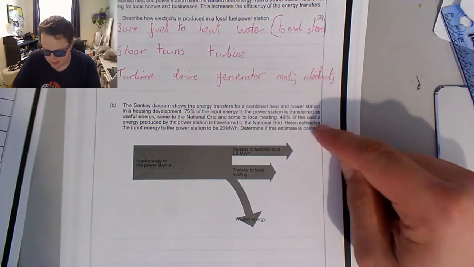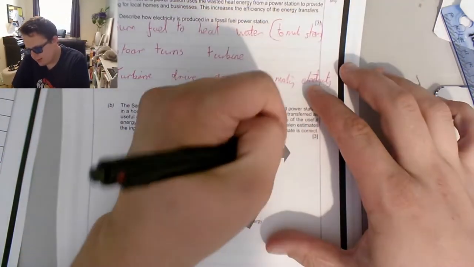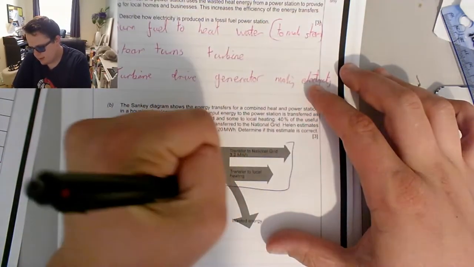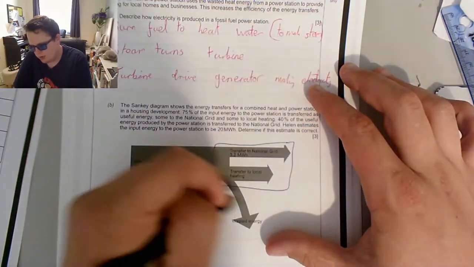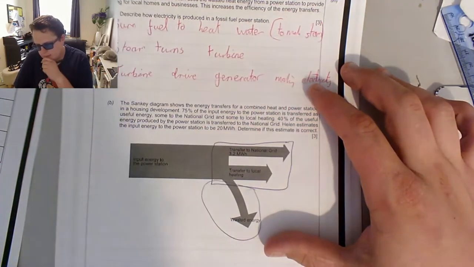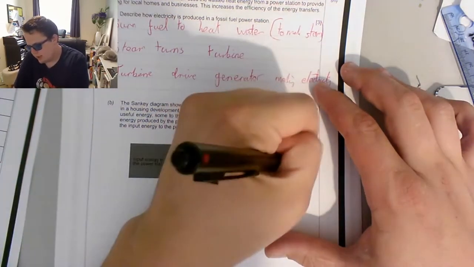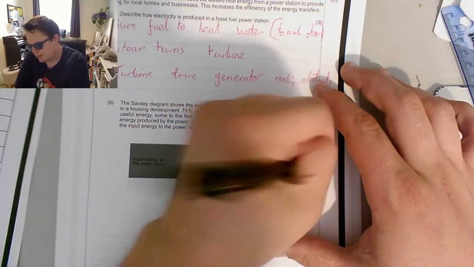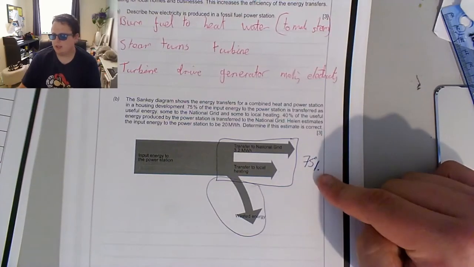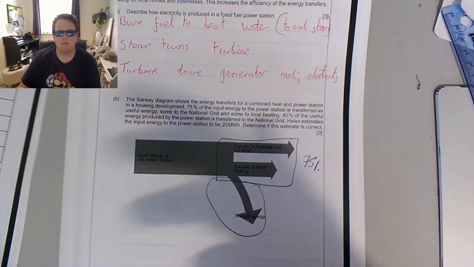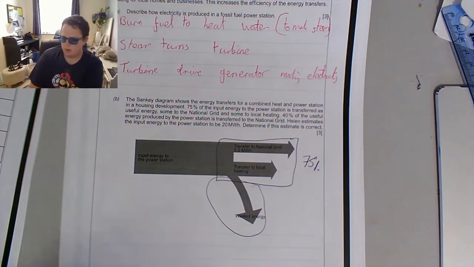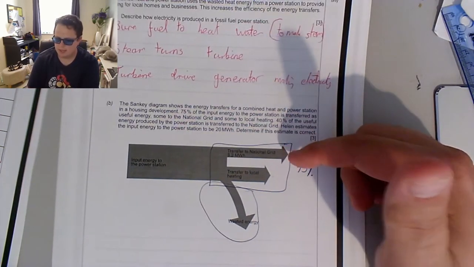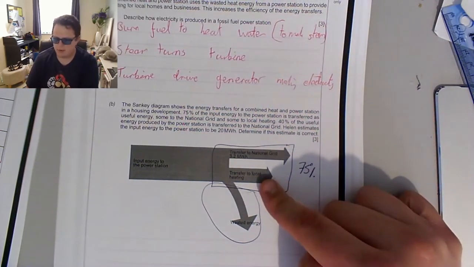So 40% of the useful energy. So if we think about a Sankey diagram, this is our useful, this is our wasted. Now we are told that these two together is 75% of our total energy. Now what a lot of people made the mistake was going, well fine, that splits 40% to this one and 35% to this one.